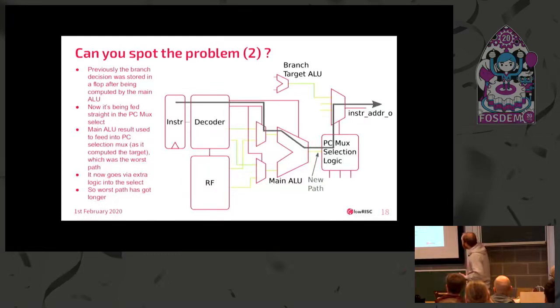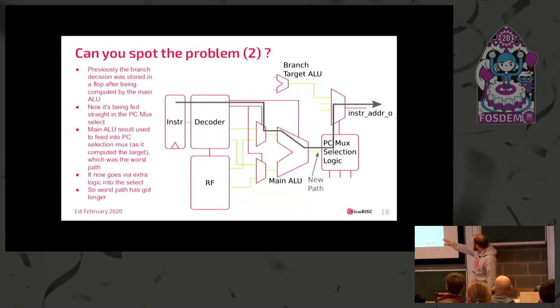And so what we have here, I've got this grey line which is the longest path in our design. So we start with the instruction, so that's the instruction we've just read out of the instruction fetch stage in the previous cycle, which we are executing. We have a decoder, which is a blob of logic which is working out what we're going to do. It's going to set up the controls for this instruction.